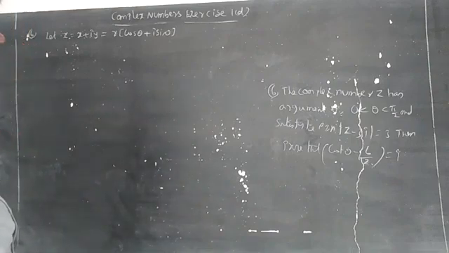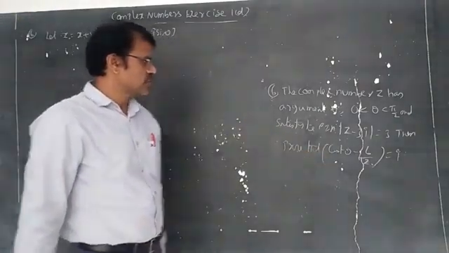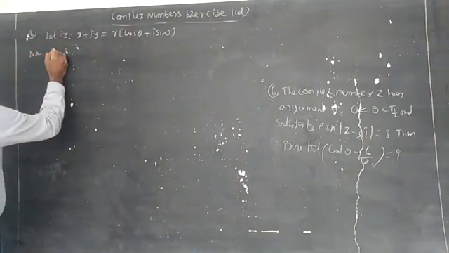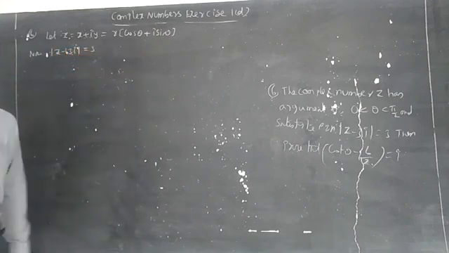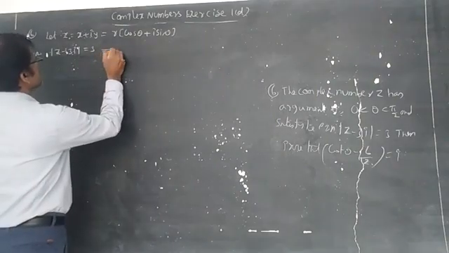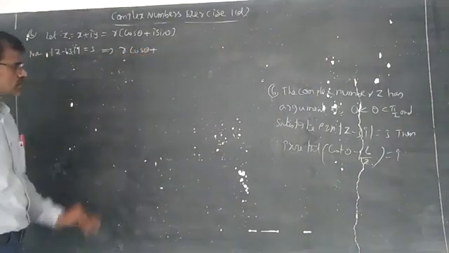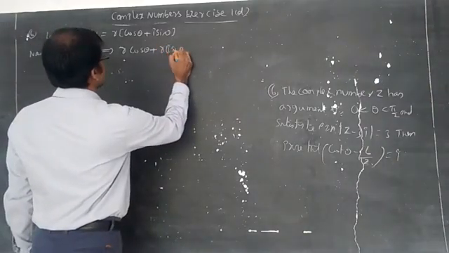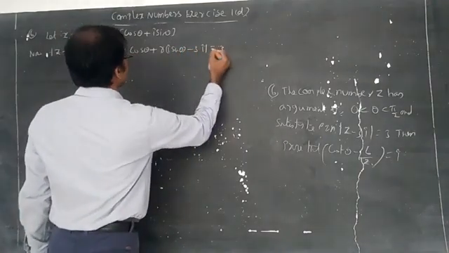Let us consider r into cos theta plus i sin theta satisfying the equation modulus of z minus 3i is equal to 3. That implies r cos theta plus i r sin theta minus 3i, over modulus, is equal to 3.